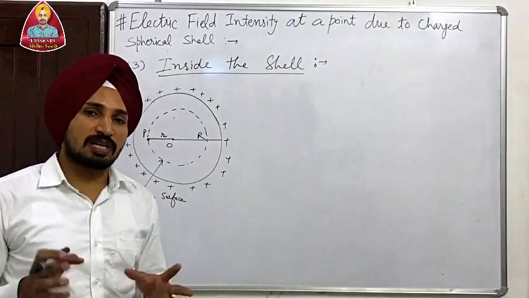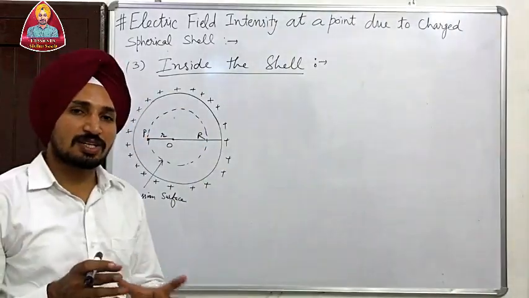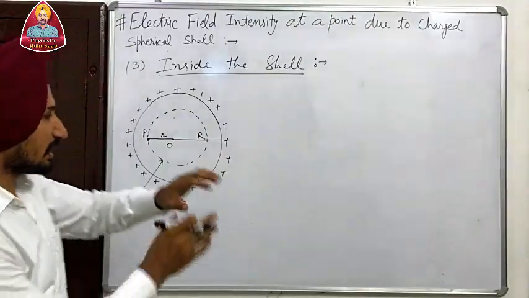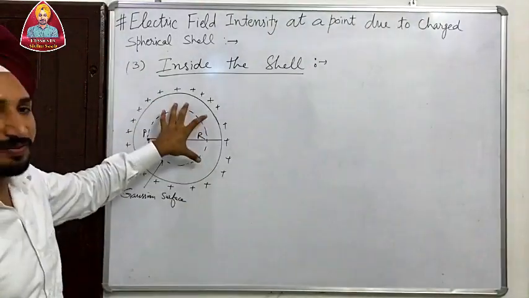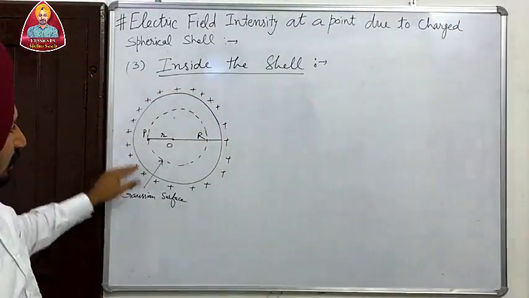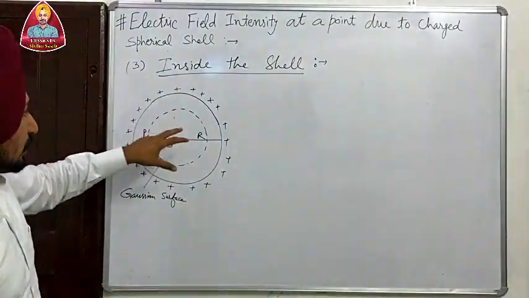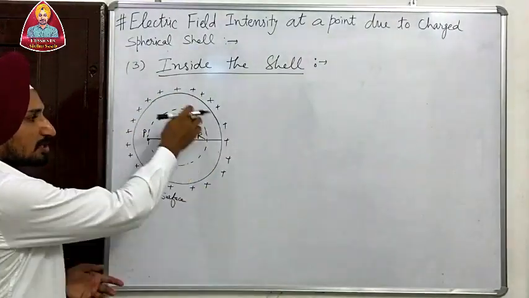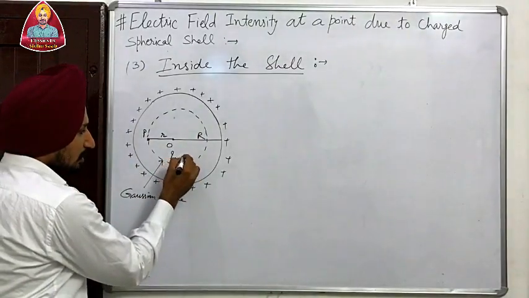I have told you earlier that the charge inside the spherical shell is zero. No charge resides inside the spherical shell. All the charge is present on the surface of the spherical shell. Clear? So there is no charge inside the Gaussian surface, that is, we can write Q enclosed is zero.